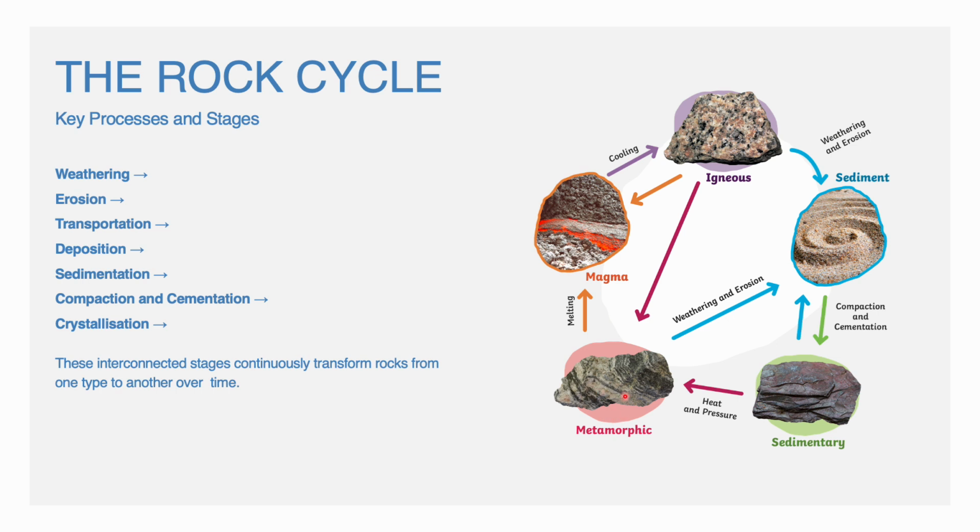If any of the rocks melt through either magma or lava, then we will have igneous rocks forming, and the crystallization that takes place will form either smaller crystals or larger crystals depending on how fast the cooling is.